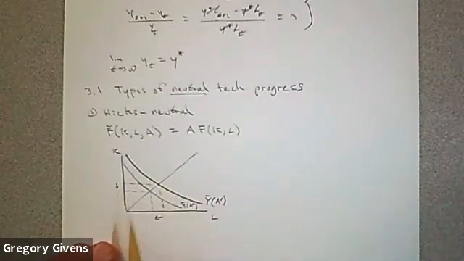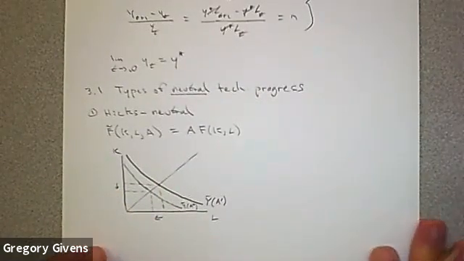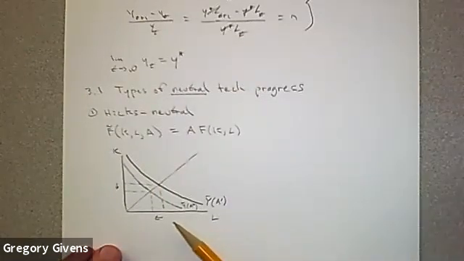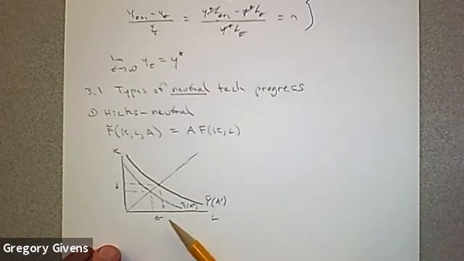So what this graph shows you is that if technology were to increase, then we can produce the same amount of output using less labor and less capital. That's what Hicks neutral technology does. It allows us to produce the same amount of output using fewer of both of these inputs.